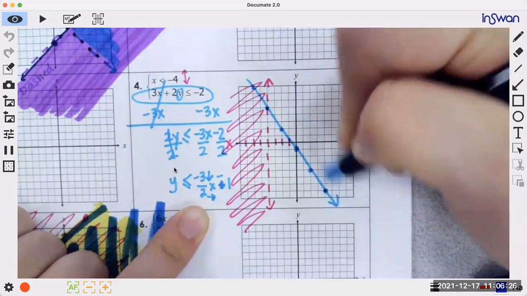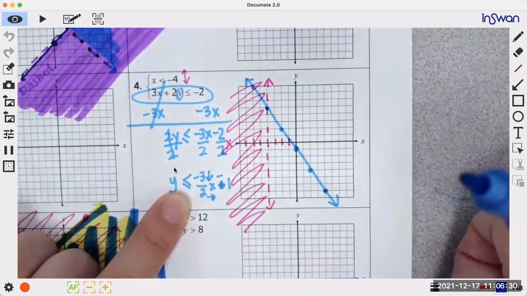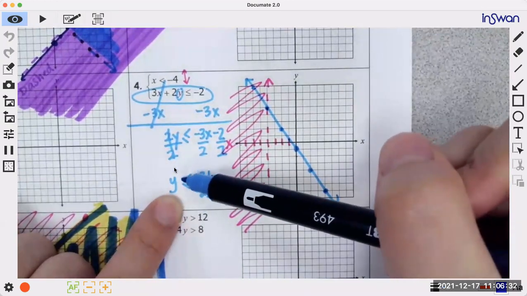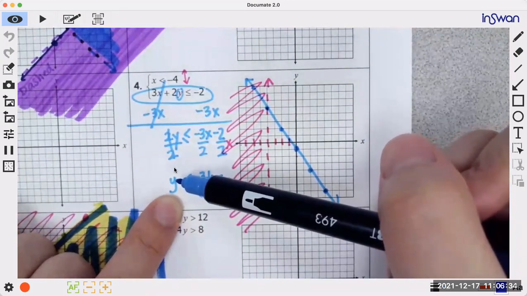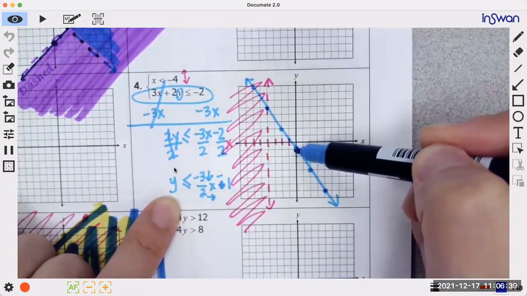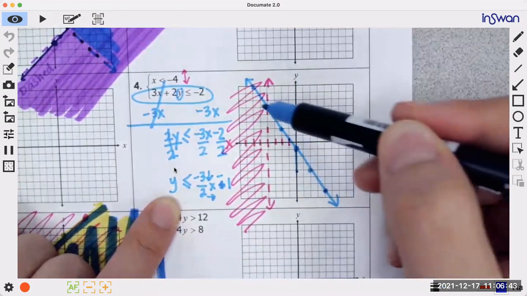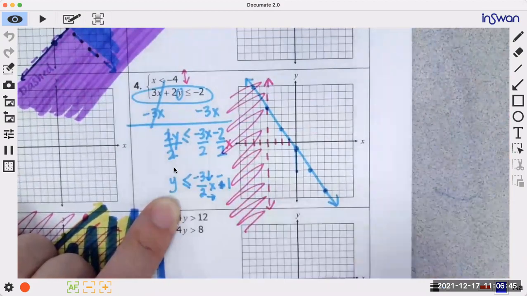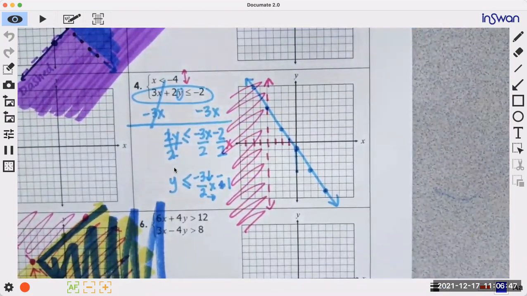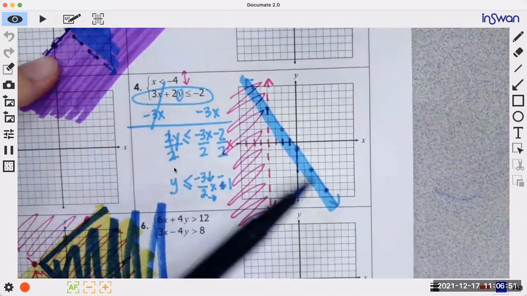I'm going to use a solid line because I have equal to on my inequality and y is touching the small part. So now for shading, I'm going to graph below. So put your finger on the y-intercept, slide it down on this y-axis, and I end up on this side of my line. So I'm going to color and shade on this side up to the line.